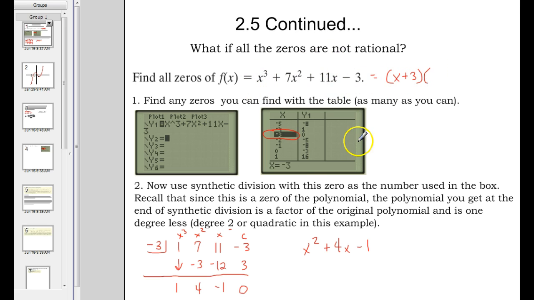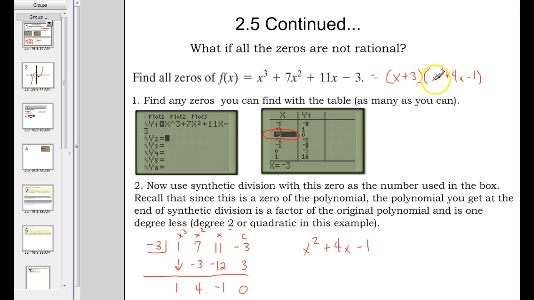So that's a factor. Again, that's what the factor theorem says. And then that means this here is a factor also, because this is what we get when we divide by this. So x squared plus 4x minus 1. So this polynomial has this factored form.